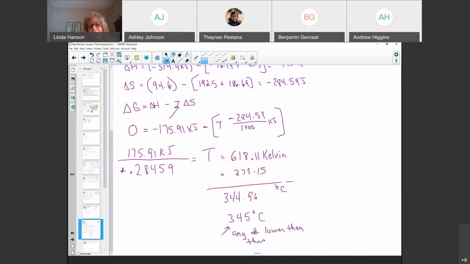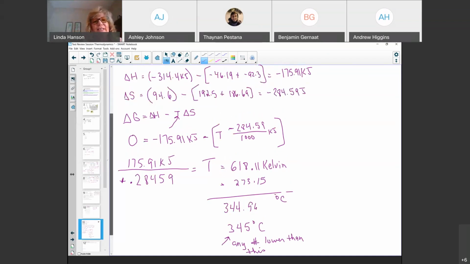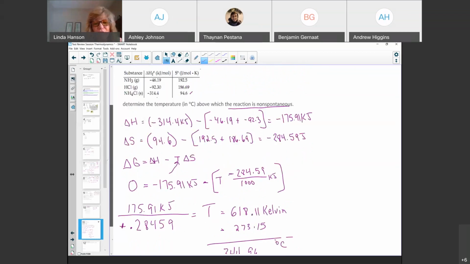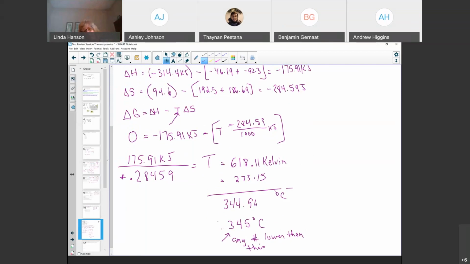When you're looking at your multiple choice, this isn't asking you exactly for the temperature when it's at equilibrium, it's asking you when it's not going to be spontaneous. So you have to look for a smaller temperature, right? The reaction is non-spontaneous at any temperature below this one. And that's how you'll find the correct answer there.